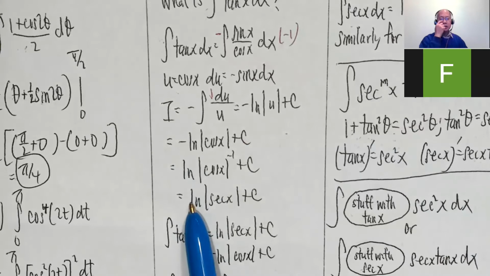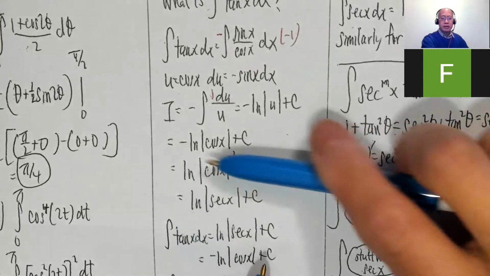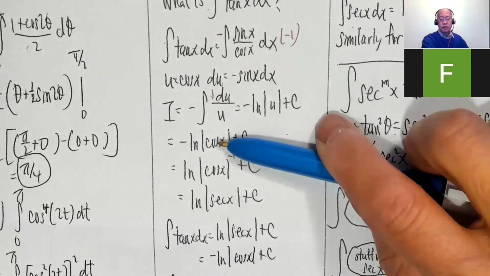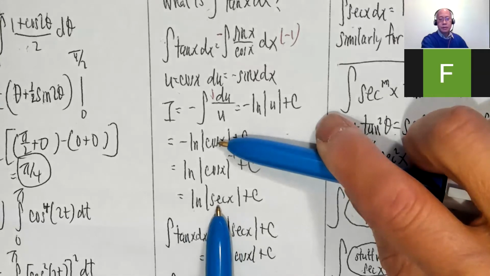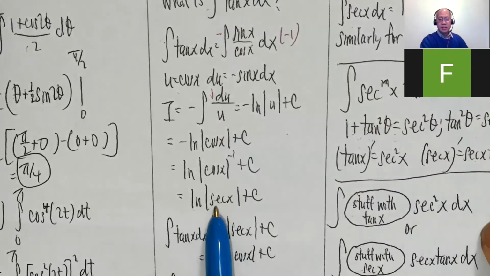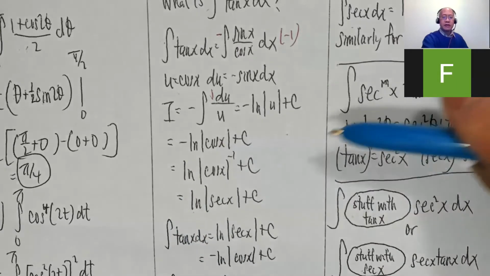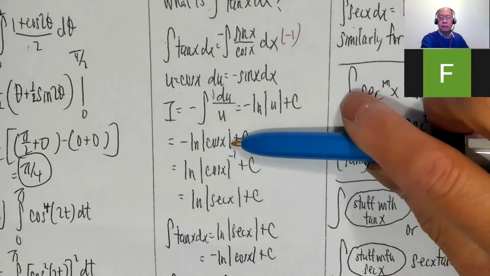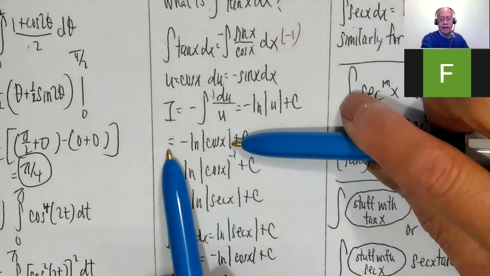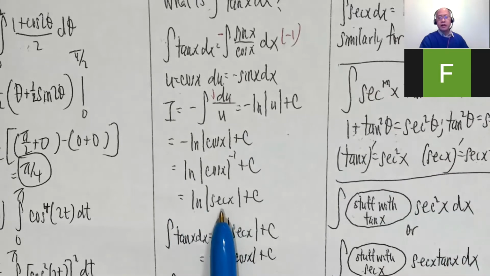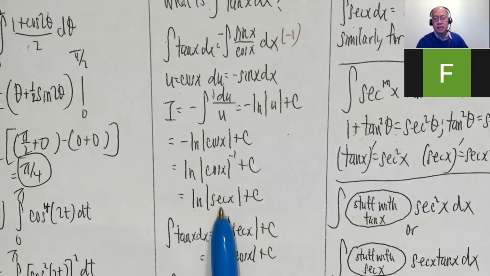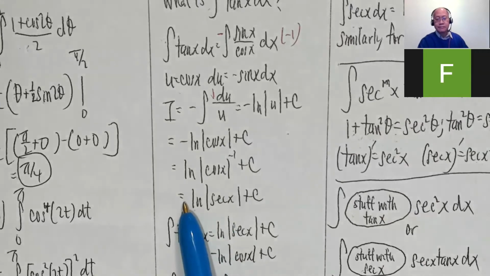I mean, I see advantages each way. The nice thing about this one is you have cosine, which we're more familiar with, instead of secant. But the advantage of having this, even though you got a secant, is you don't have a negative. So it's a trade-off. Would you rather have cosine, which I'm more comfortable with, but there's a negative, or would you rather have secant, which is less comfortable, but at least there's no negative?